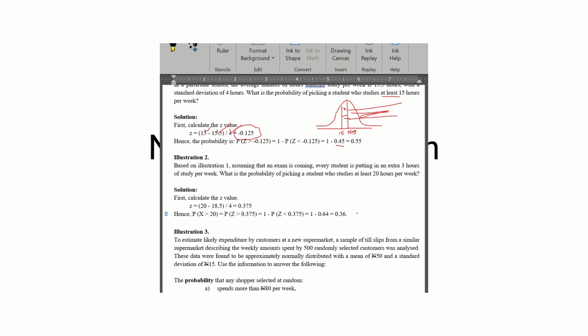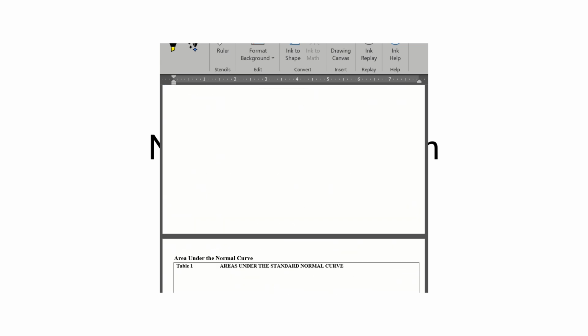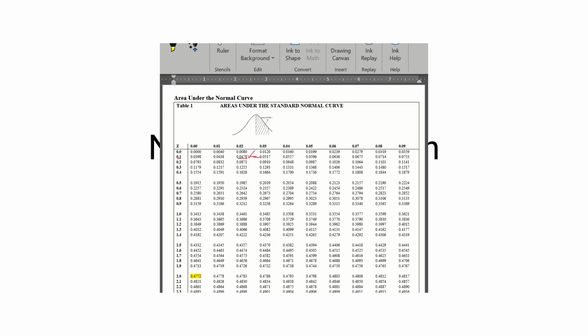Are we together? So now based on that, sorry, let me check again, this is 0.05, yeah, approximately.